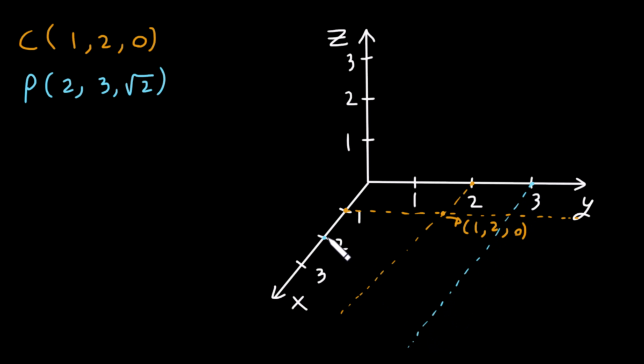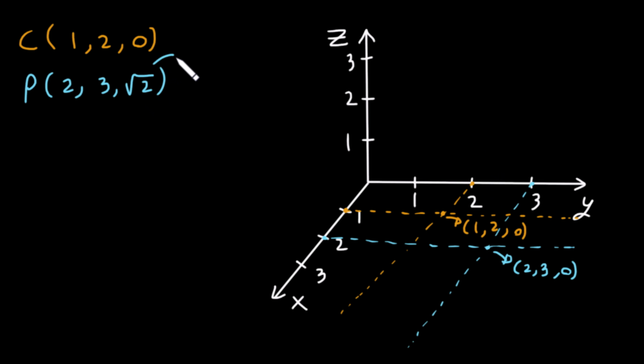And from this point we have to draw a dashed line parallel to y-axis like this. They intersect here in this point. This point here is (2, 3, 0). And from this point we have to go square root of 2 steps up.